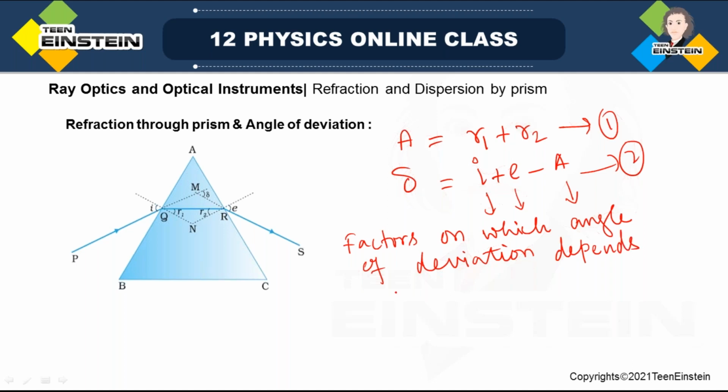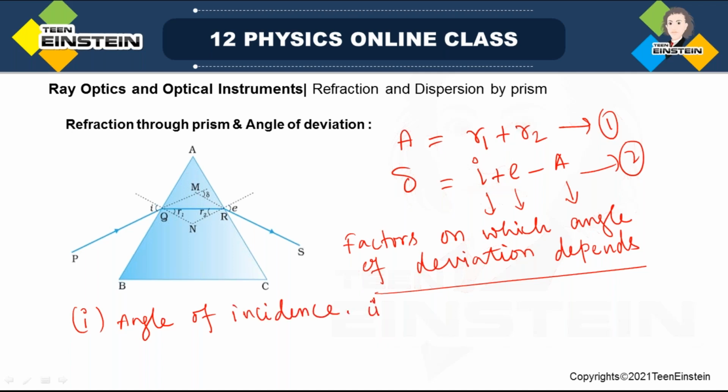Okay, so factor number one, I'll start from here, is the angle of incidence. Then the second factor, the material of the prism. That means refractive index.